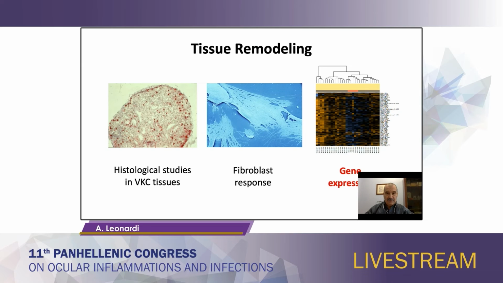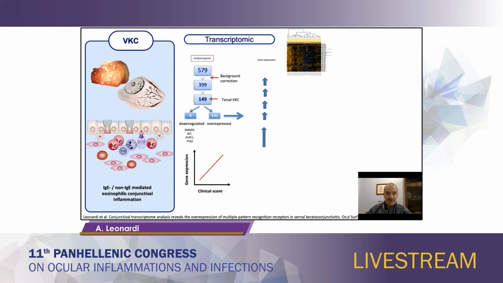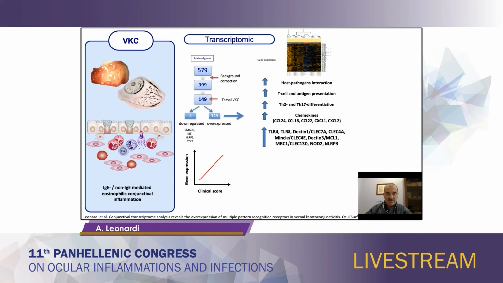A few words on gene expression. Lately, we have been looking at different gene expression again in VKC. So this will actually be the topic of my second talk in this meeting.